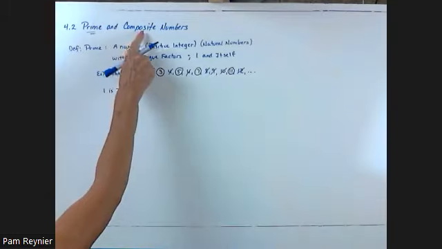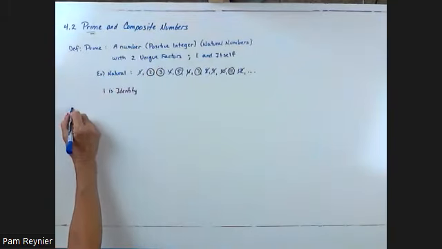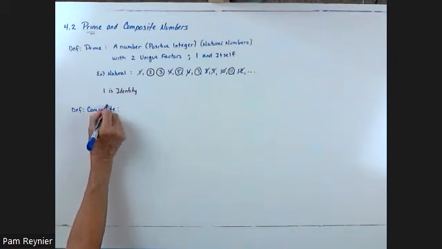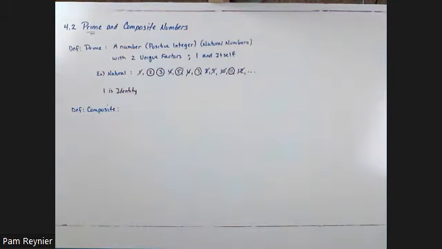Now we also need to take a look at what are called composite numbers. And again, mathematicians are pretty simple. If we're talking about prime or composite, the definition of a composite number is a number which is not prime.